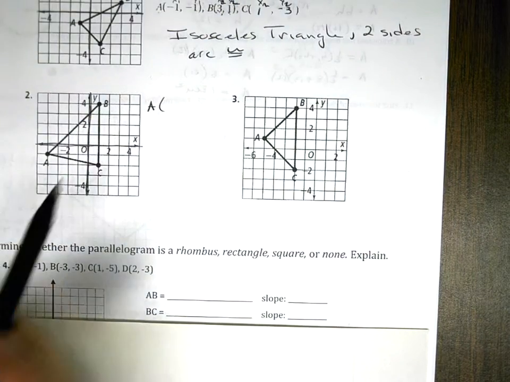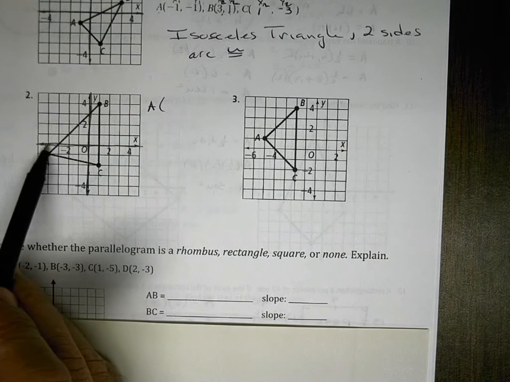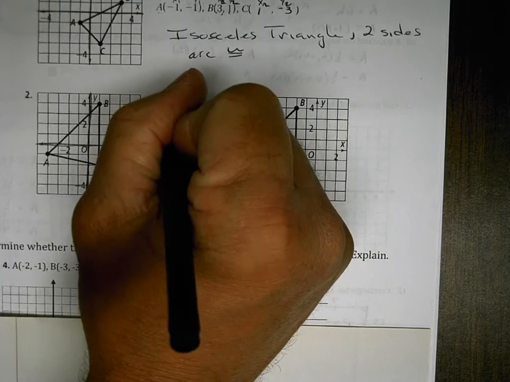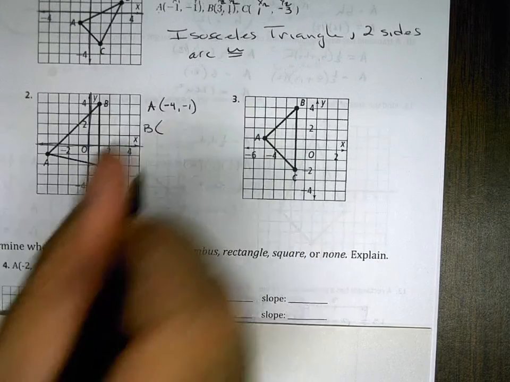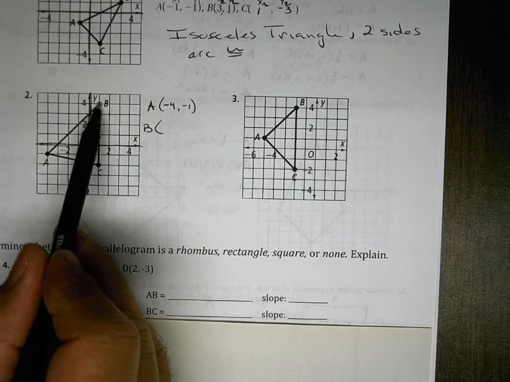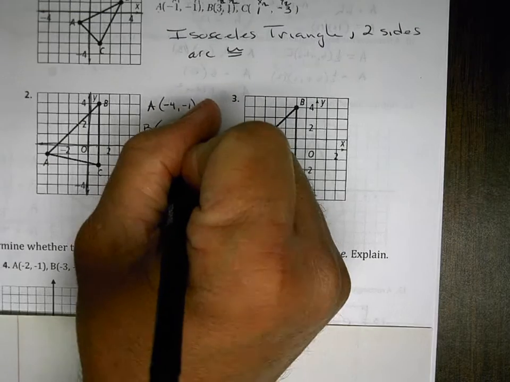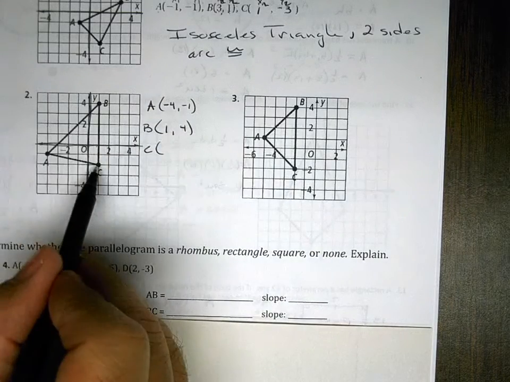So it looks like A is at negative 4, negative 1. B is at 1, 4. And C is at 1, negative 2.